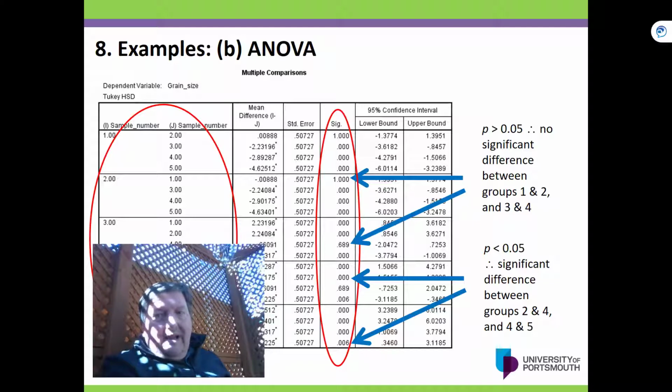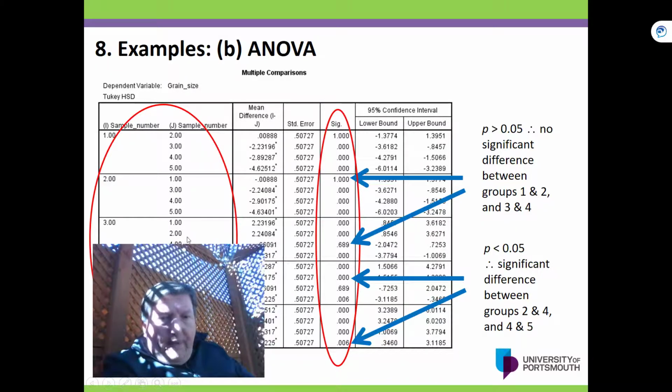If it's less than or equal to, then there is a significant difference. And again, where it's 0.000, you can double click on that and get the actual p-value itself. So you can see there are some differences and some not. And you've got also the comparison between 2 and 1, 3, 4, 5, and then 3 and 1, 2, 4, 5. So you've got these different comparisons on this left hand side.